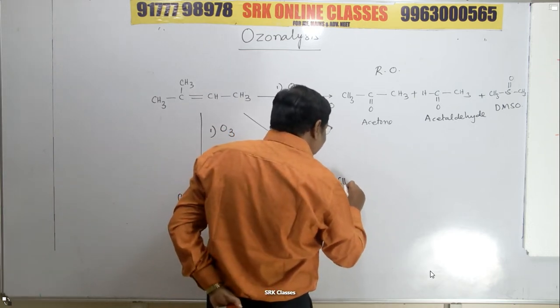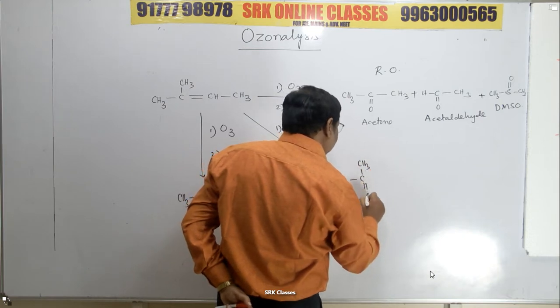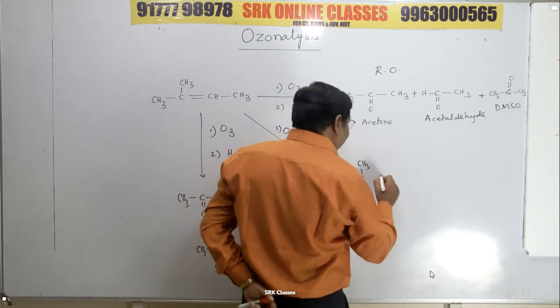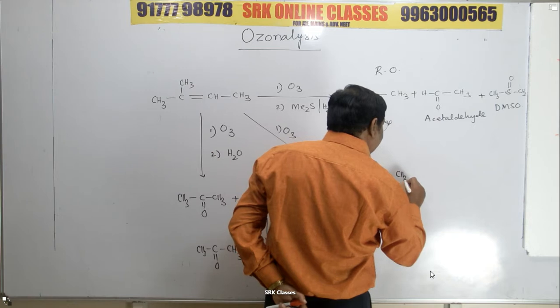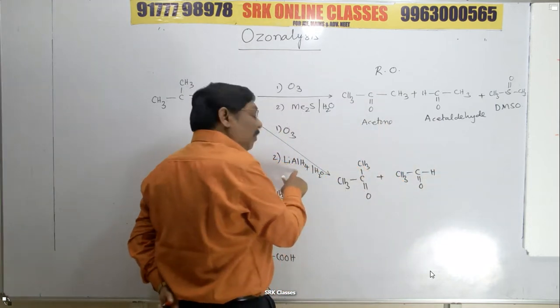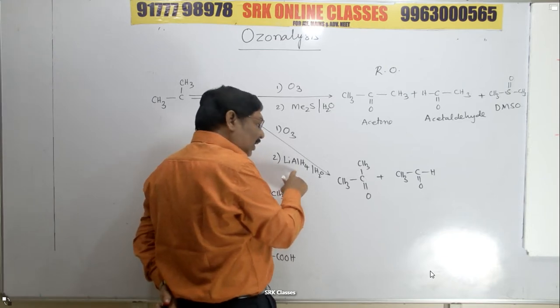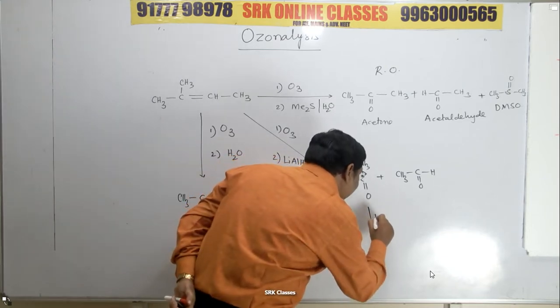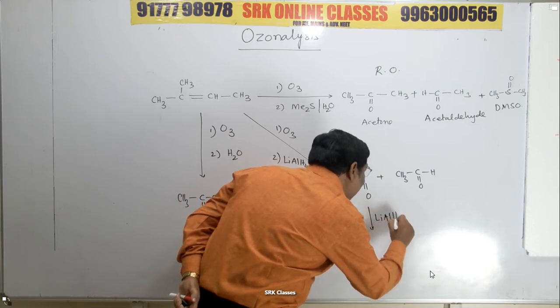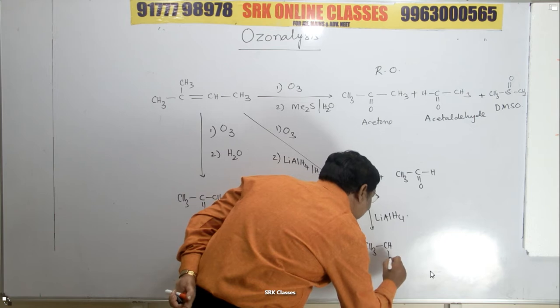First step will be as it is. You are getting here acetone. The second molecule will be acetaldehyde. This part will be the same. Now lithium aluminium hydride being a strong reducing agent reduces ketones into corresponding alcohols, that produces a secondary alcohol.